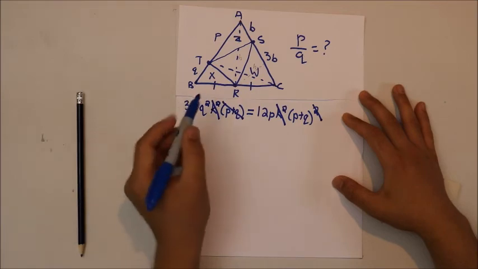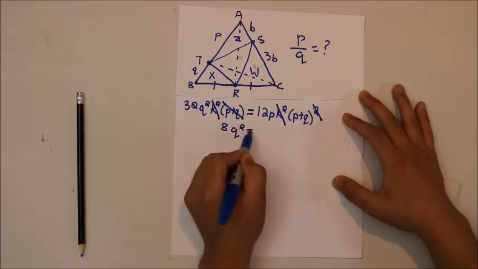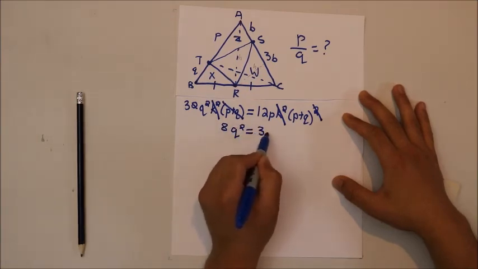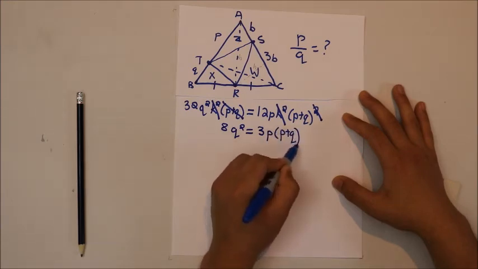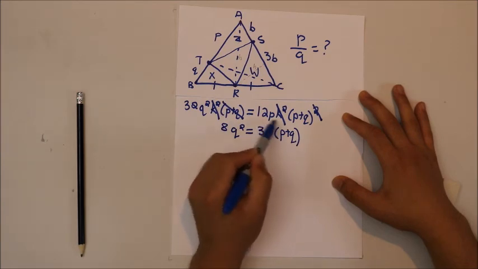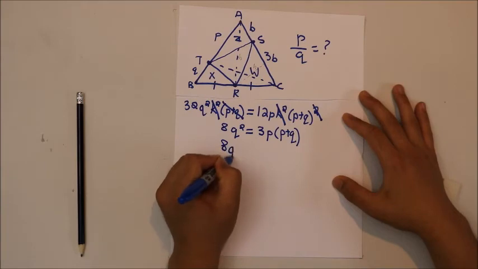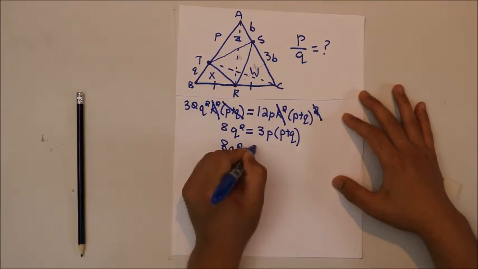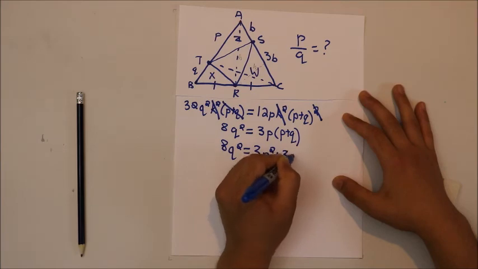If we do that, we can rewrite it as 8Q squared is equal to 3P times P plus Q. And now all we have to do is multiply this term into there. So we can get 8Q squared is equal to 3P squared plus 3PQ.